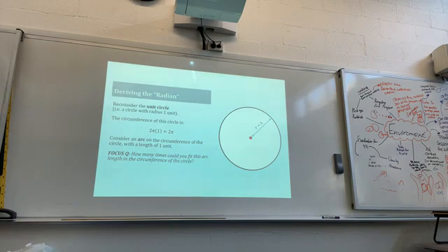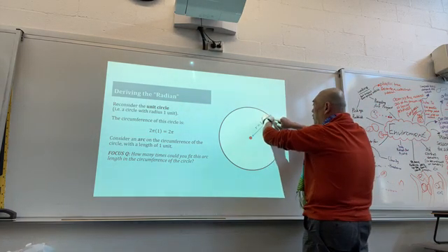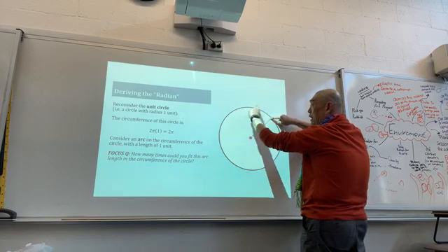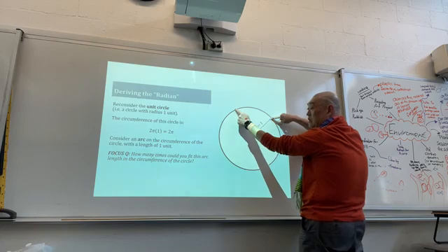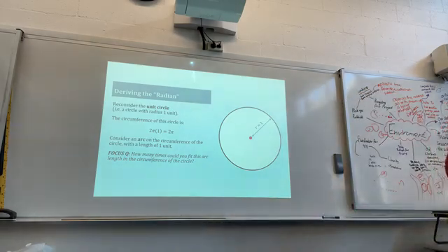Now let's think about an arc on the circumference of the circle with a length of 1 unit. So how many times do you think you can fit this arc length in the circumference of the circle? How many times?